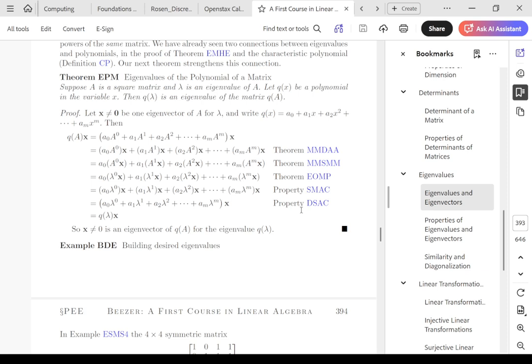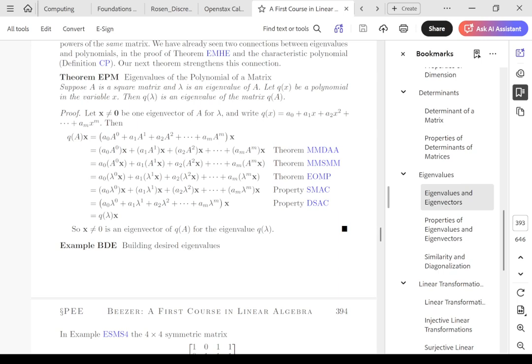And again, x is non-zero since it is an eigenvector. So it is an eigenvector of A. Okay, so that is another property of our eigenvalues.